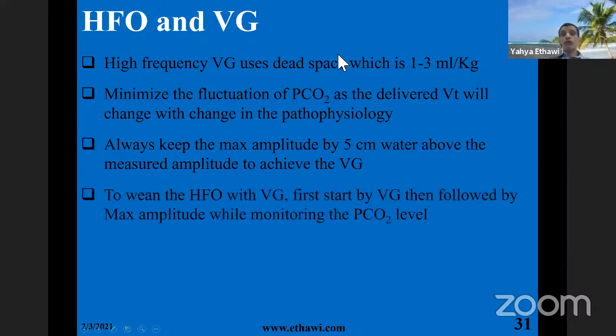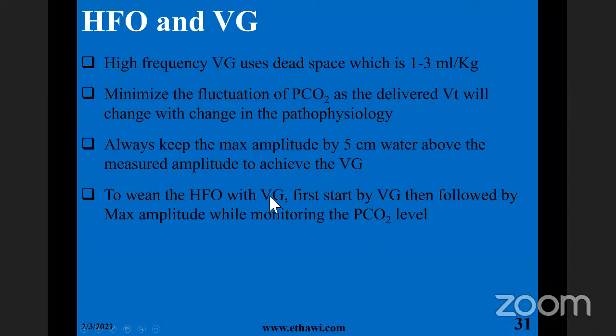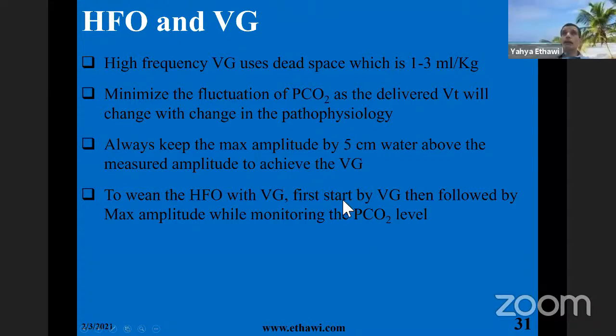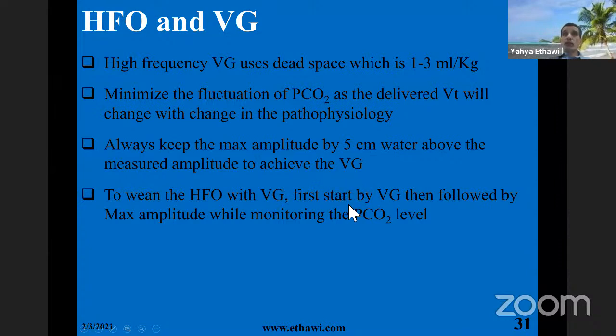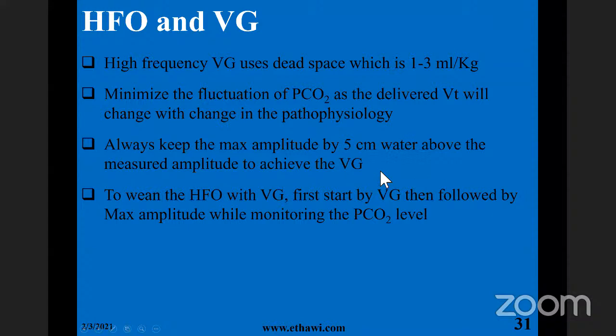To wean high frequency with VG, you first need to wean the VG, followed by the maximum amplitude, following your measured amplitude by 5 centimeters. So if your VG is 2 ml and you have an amplitude of, let's say, 22 to achieve that, your max should be 27. And when you want your VG to 2.5 and your measured amplitude down to 20, now you have to wean your max to 25, and so on.